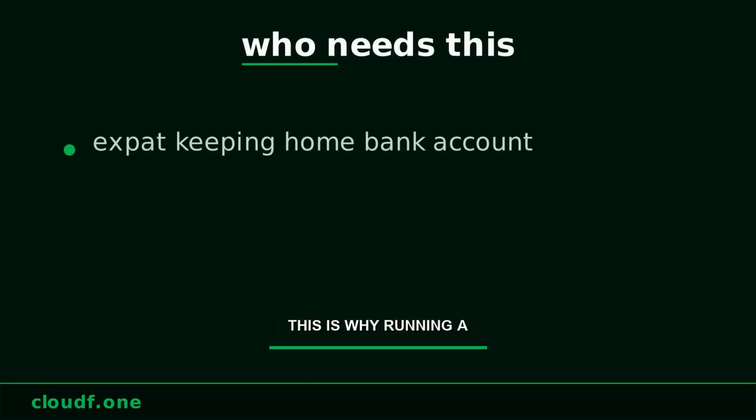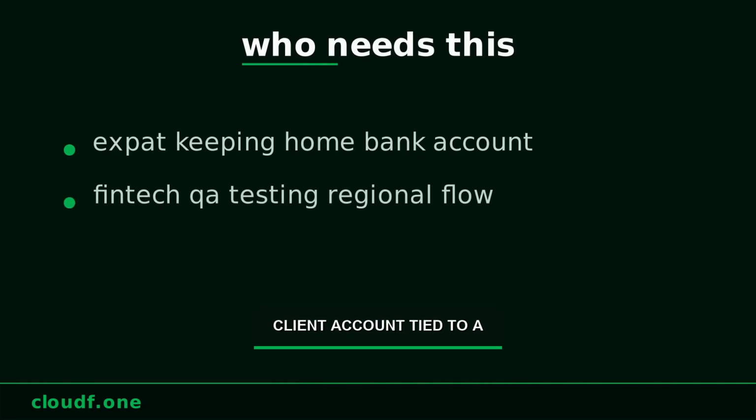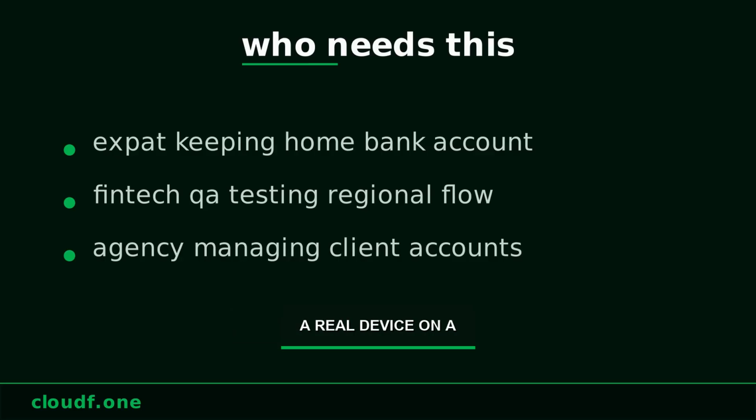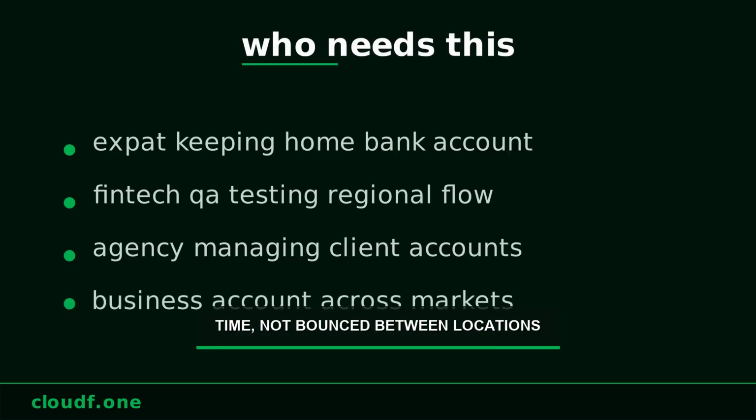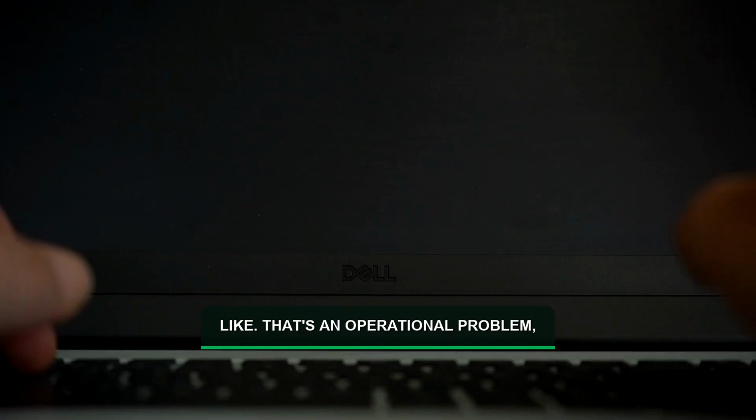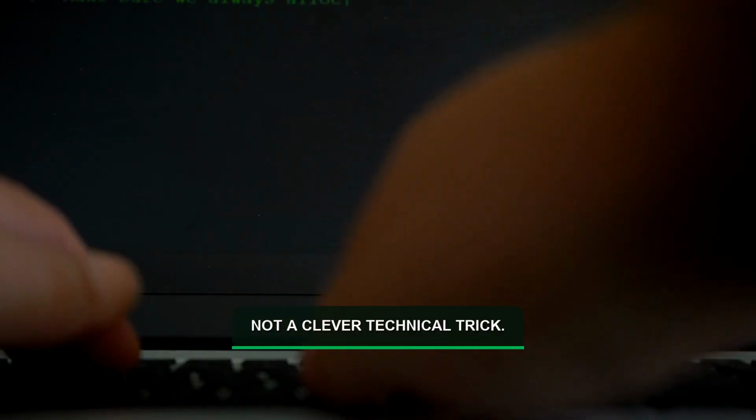This is why running a business account or a QA account for testing a region-specific banking flow, or a client account tied to a different market is genuinely hard with one physical phone in someone's pocket. You need a real device on a real local network with a SIM from that market, kept in a stable state over time, not bounced between locations in a way no normal traveler's pattern would ever look like. That's an operational problem, not a clever technical trick.